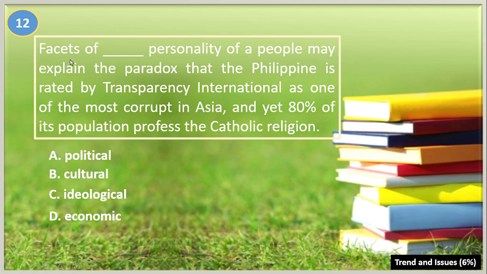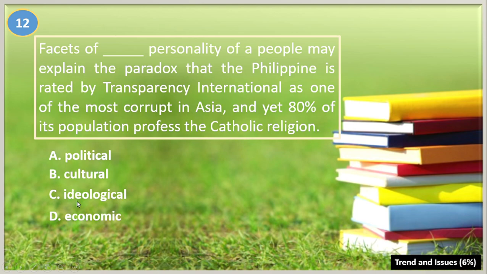Number 12. Facets of blank responsibility of a people may explain the paradox that the Philippines is rated by Transparency International as one of the most corrupt in Asia, and yet 80% of its population profess the Catholic religion. A. Political. B. Cultural.